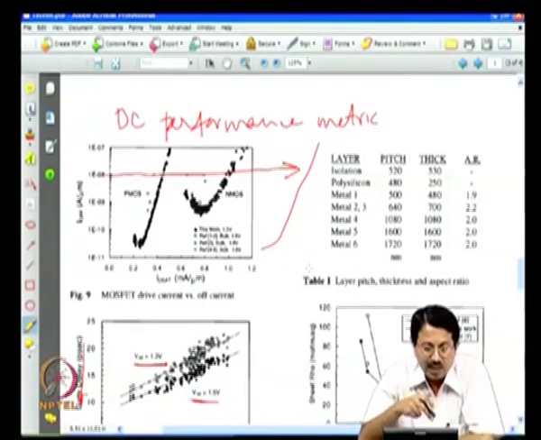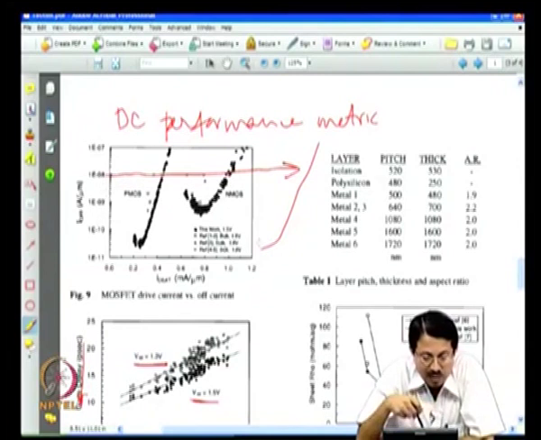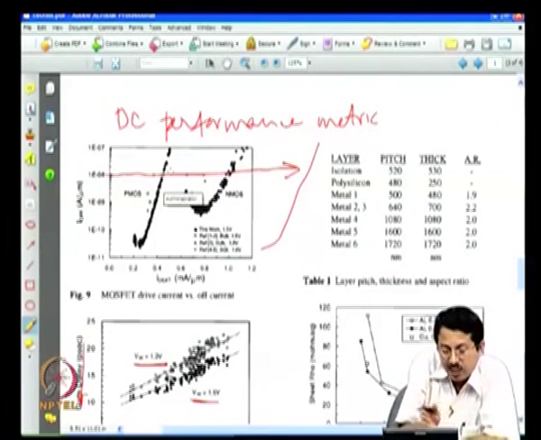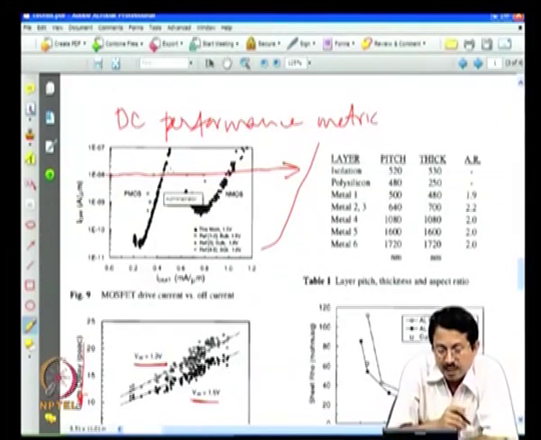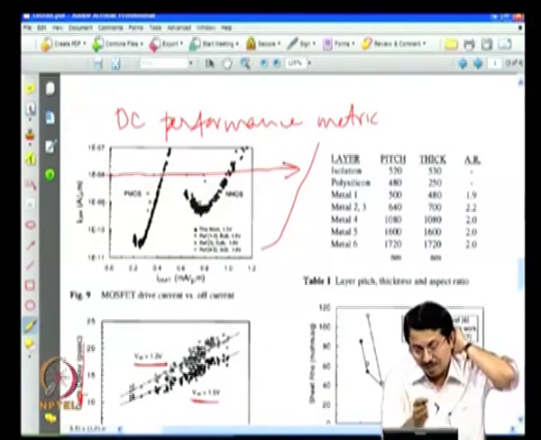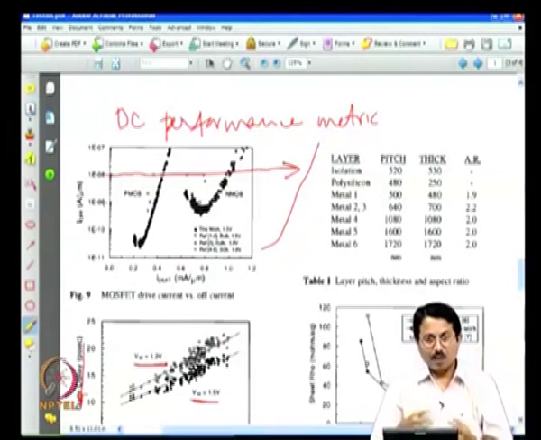So, it is essentially a 2D plot of off current versus on current, and you want to create your transistor to go along this towards the right. And of course, NMOS tends to be, for the same leakage current, to the right of PMOS, simply because you have much better electron mobility compared to hole mobility, okay.